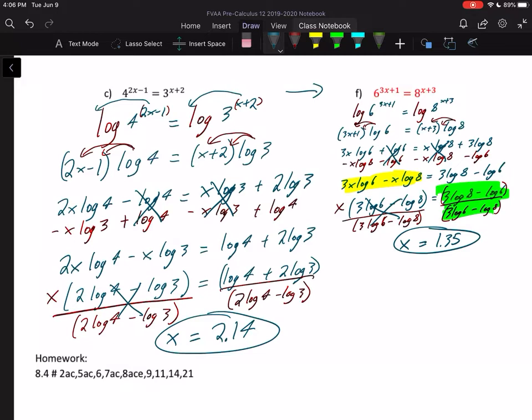I'm also going to include a practice test for Chapter 8 to help you prepare for our test coming up on Friday. Otherwise, I think we'll do the maze activity on Thursday, for those of you who are coming into the class.